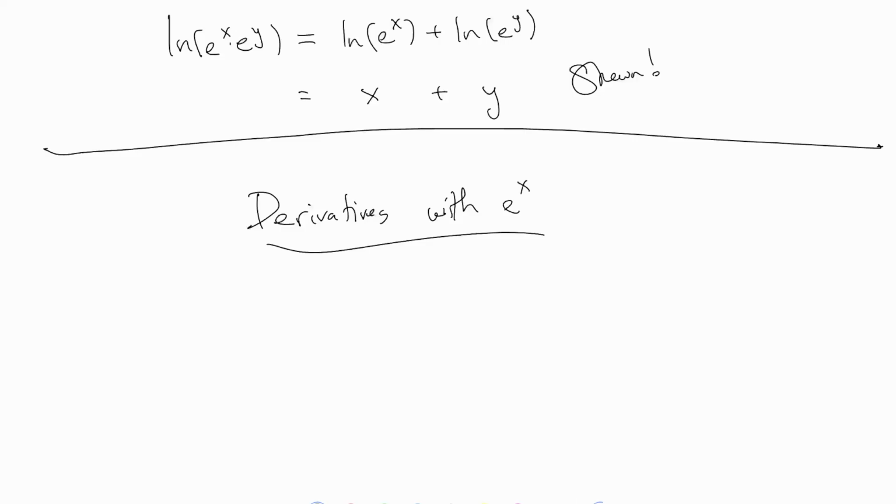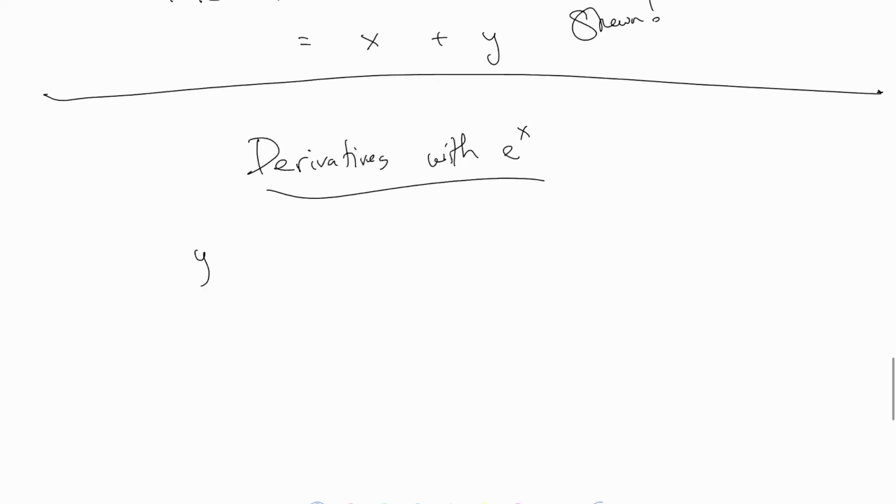And again, we're going to do it the same way, let's write it in terms of a logarithmic form instead, because we already know about the derivative of a logarithm. So if I write y equals e to the x, what is dy dx?